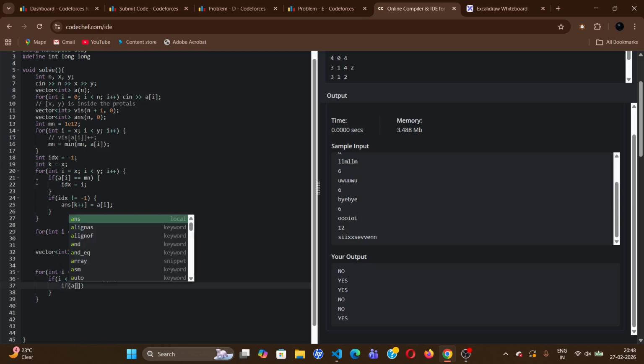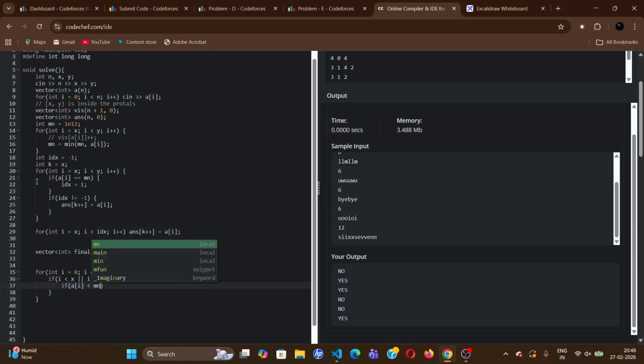Like if a of I. Now we'll compare if a of I less than mn. Take a flag also.